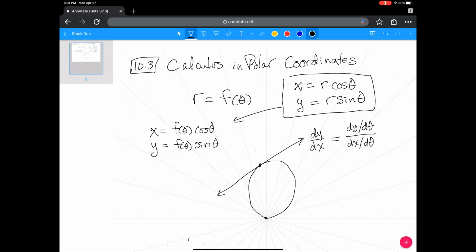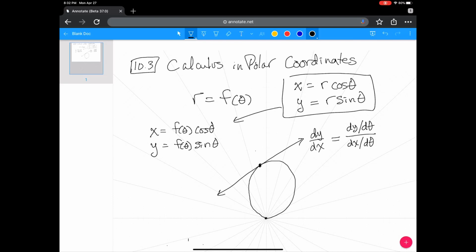And then what you'll note is that we have parametric equations, like we talked about in 10.1, because we have two equations, one for x, one for y, both written in terms of the variable theta. Instead of t, we're using theta.